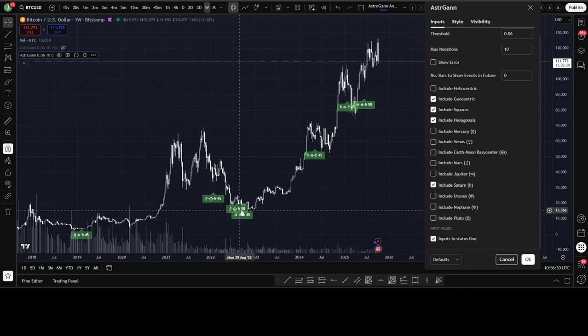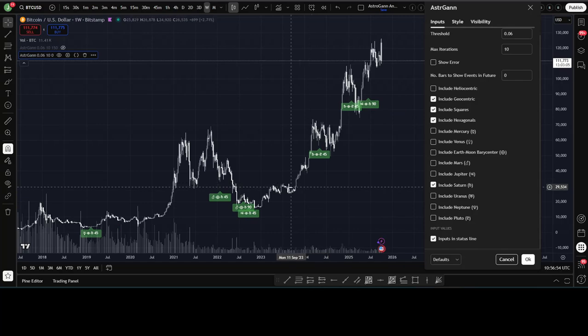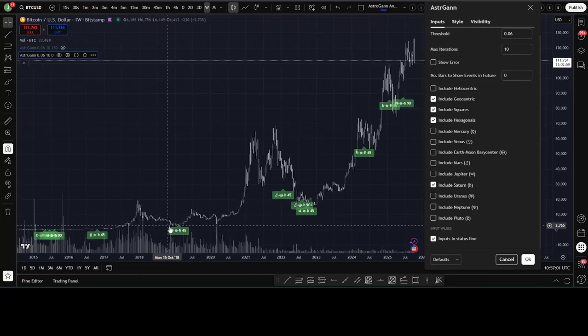But what's more important is to understand in relation to the chart, trying to find some indication of where you get market cycles and pivots. There are other ones, and you have to do your research. But in this case, Saturn, from a geocentric perspective, gives quite nice indications of potential pivot areas in the market.